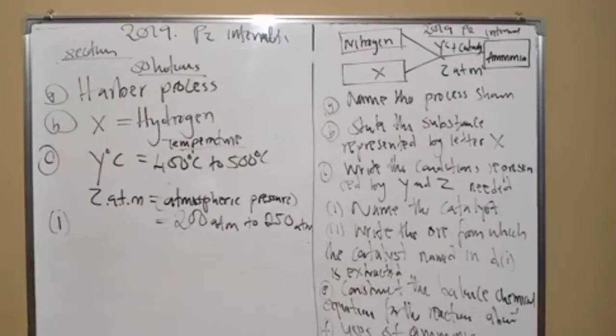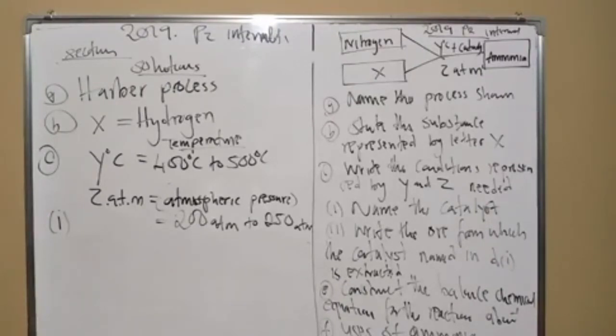Iron. Kelvin is saying iron. What about you? What catalyst is used in the production of ammonia? Iron. Okay, iron.